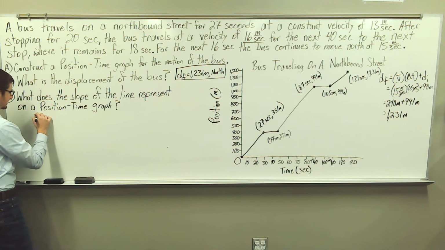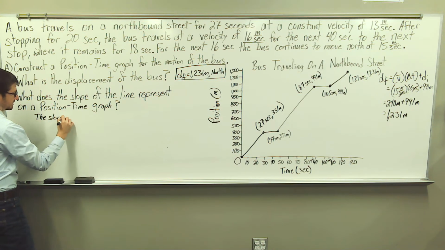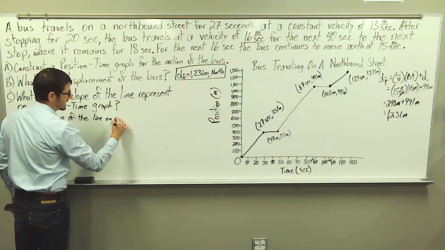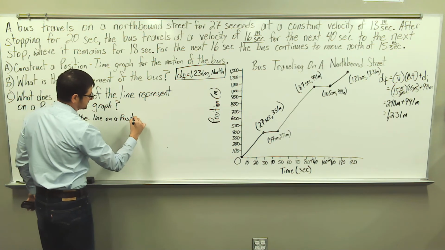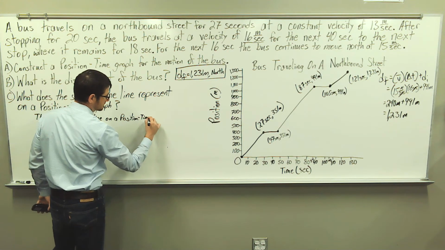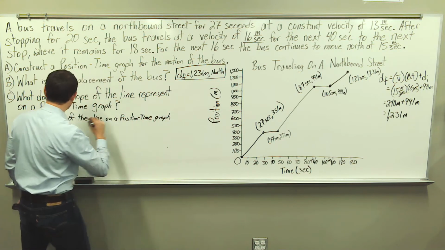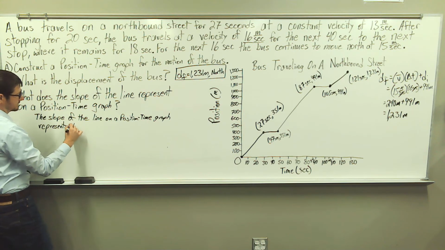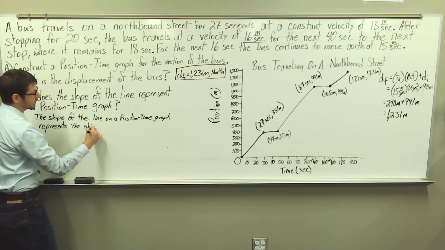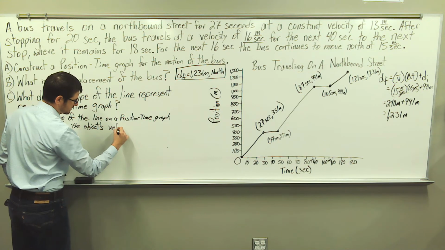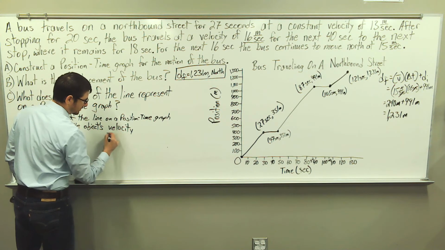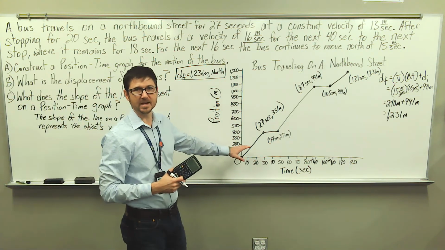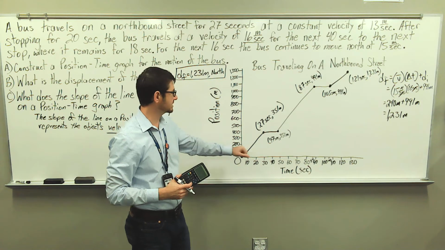So we can say the slope of the line on a position time graph represents the object's velocity. And I'm going to underline that there. All right? So the slope of the line on a position time graph represents the object's velocity.